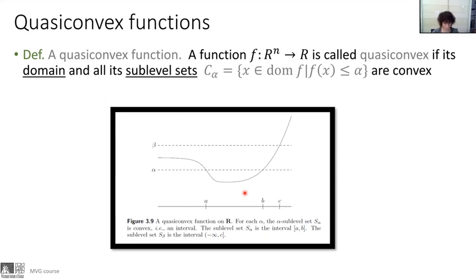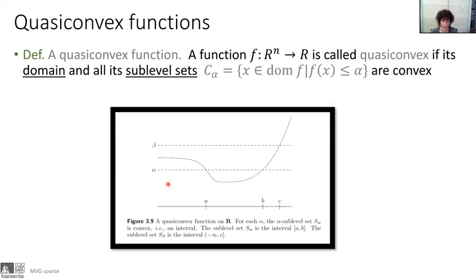No, can you repeat the last sentence? Yeah. So I'm trying to say the following. Take any convex function with convex domain, of course. Look at this expression: given alpha, which is a value in the y direction, denoting the value of the function, I'm looking at all the points in the domain of the function such that the value is smaller than alpha.